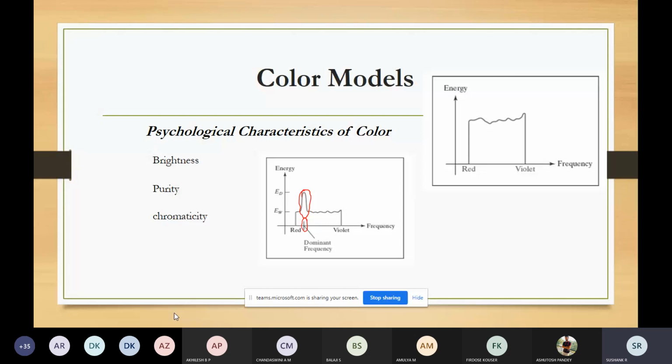The dominating frequency, we'll call it the shade or the hue. So it is the combination of that which we will call the chromaticity. So these are the psychological characteristics of the color.